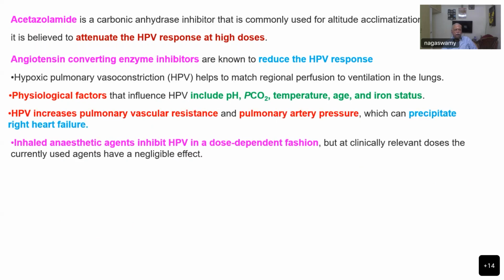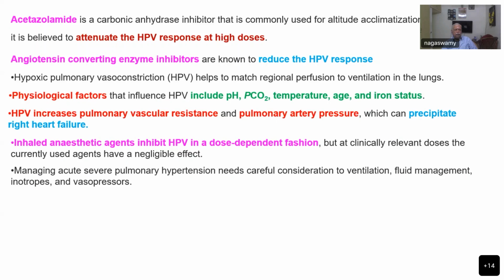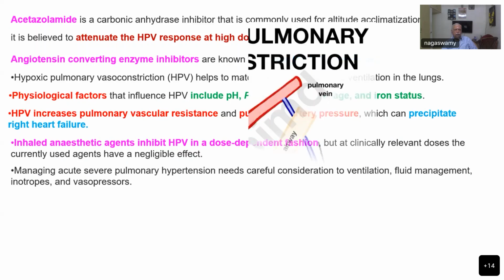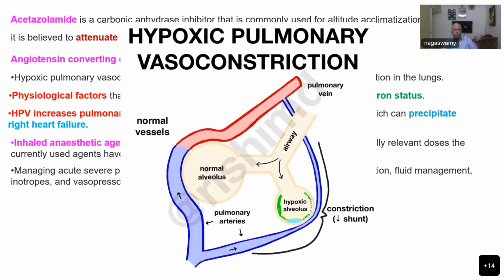And inhaled anesthetic agents, though they inhibit the HPV in a dose-dependent fashion, are not clinically very relevant because the concentrations which we use for maintaining anesthesia are not that important. And managing acute severe pulmonary hypertension needs careful consideration to ventilation, fluid management, and inotropes. Of course, nitrous oxide is also supposed to interfere with this and attenuate, inhibit this reflex.